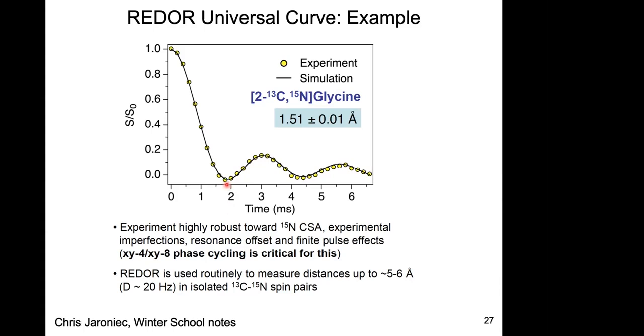But you can see here as an example, the first minimum occurs almost at 2 milliseconds. So you can take that and 1.73 divided by 2, you get the coupling in hertz. And so this gives you a readout in a very simple way. So we like REDOR a lot for this universal feature. And of course, if your pulses are not so perfect, you have imperfections, then this can be anticipated from numerical simulation, can be experimentally calibrated, not a big deal.